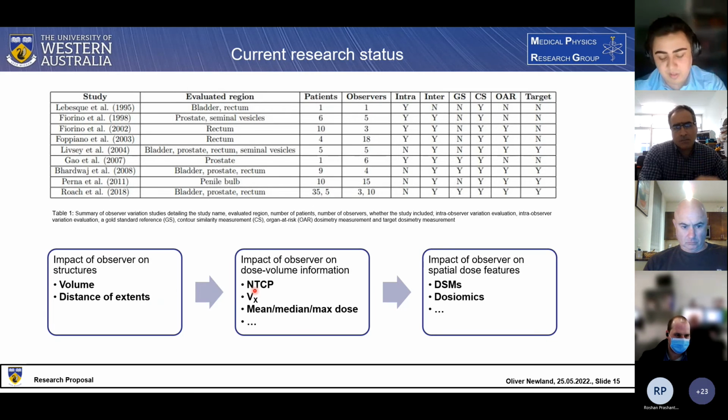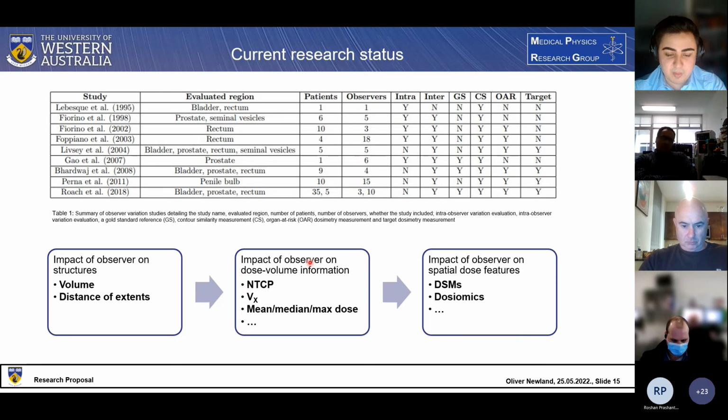The focus then seemed to shift to looking at dosimetry and radiobiological metrics such as NTCP or dose statistics. So the problem here is you run into the limitations of the dose volume approach. So here we are now, where we can look at the impact of observer on spatial dose features. And DSMs and doseomics are just two examples there.